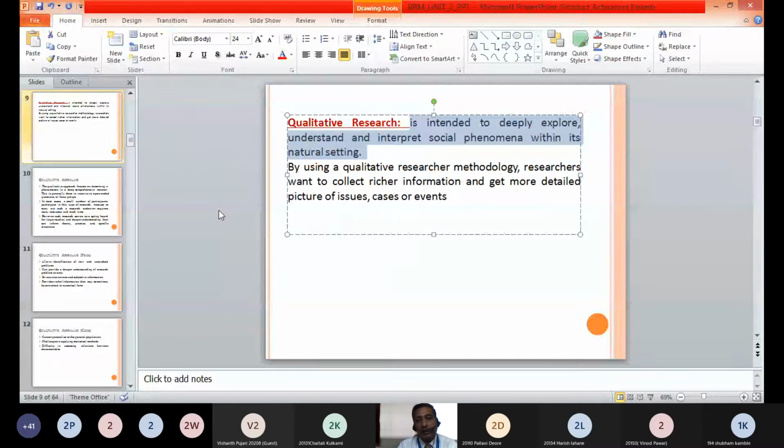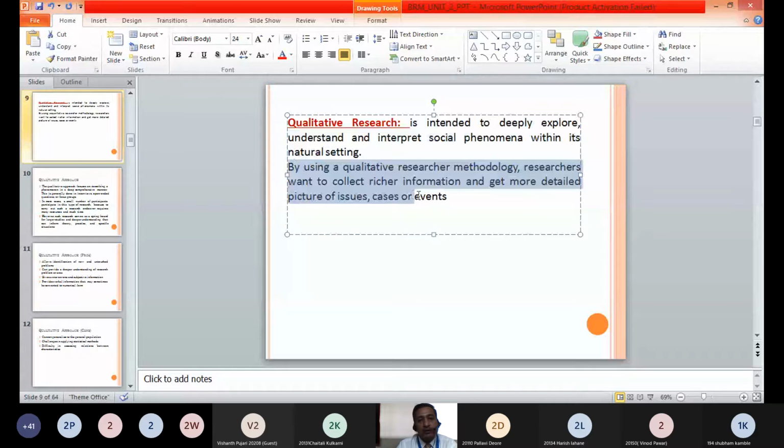It means we are not manipulating or controlling any variables. The environment or the particular setting or phenomenon as it is, we study it, we try to explore it in depth, we try to understand it, and we call it qualitative research.